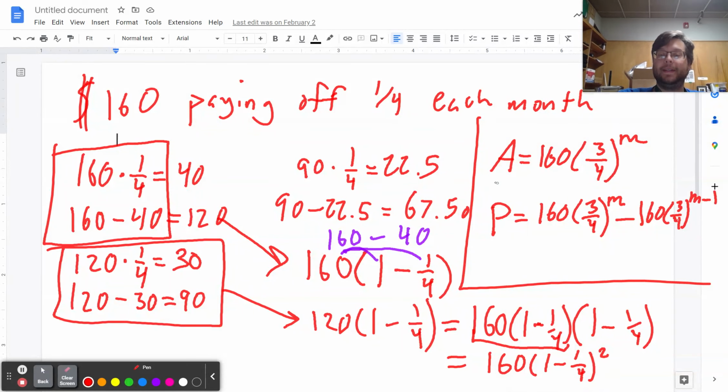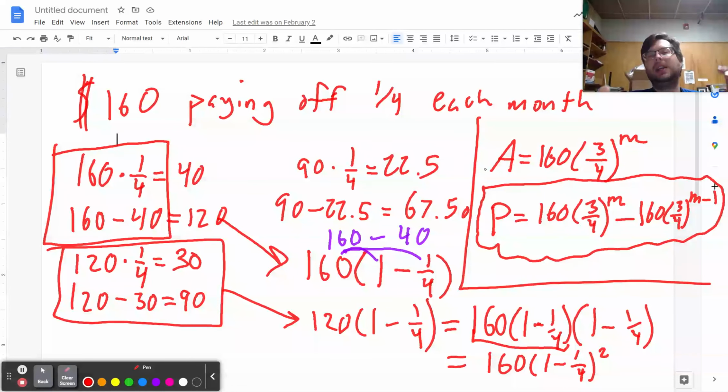This right here is a little bit beyond the scope of what we really need to do in class. I mean, writing it as a general formula is, but in the context of a word problem, I would probably ask you something like, how much did they pay in the month number 7? So then you just got to figure out, okay, how much was in the account at month 6, what was in the account at month 7, and subtract them. And that's exactly what I showed you with this formula there.